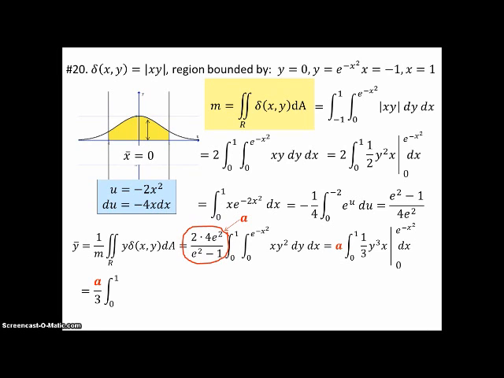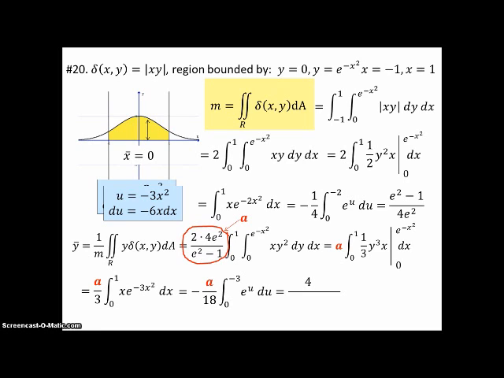So we end up with a over 3 x times e to the negative 3x squared. And we can use u substitution again. This time u is negative 3x squared and du is negative 6x dx. And so we end up with e to the u, and then I took the negative 1/6 out front and changed my limits of integration to 0 and negative 3.